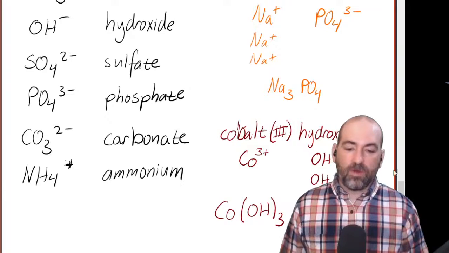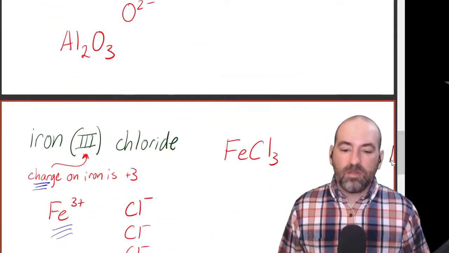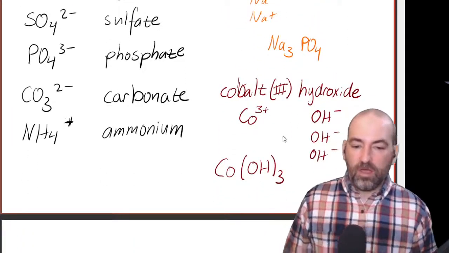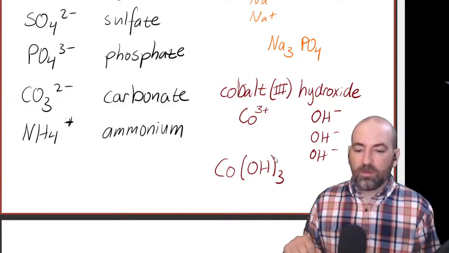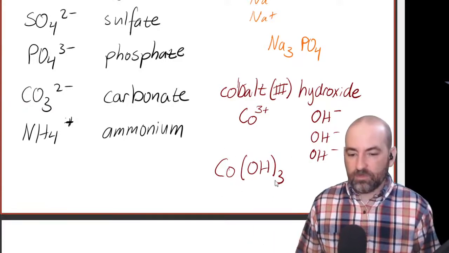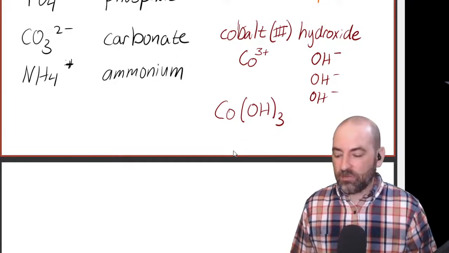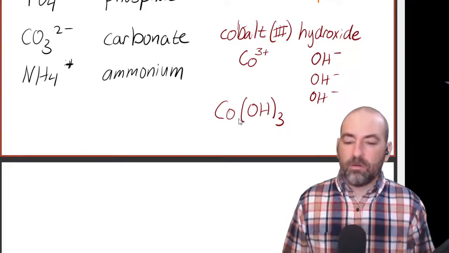Notice in all of these formulas, all the way back, once everything's in a balanced formula, we leave the charges off. So we use the charges to help us out and to kind of get everything worked out. But then when we write the formula, there's no longer charges shown here, because now the subscripts allow us to understand what the charges are on something like cobalt, for example.